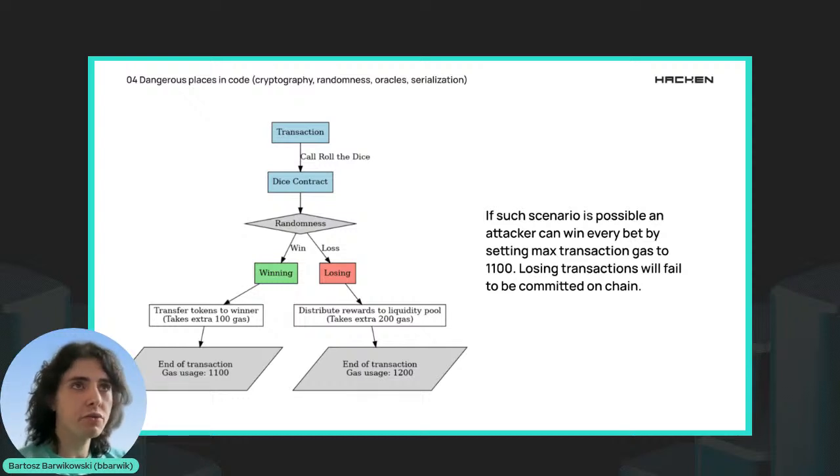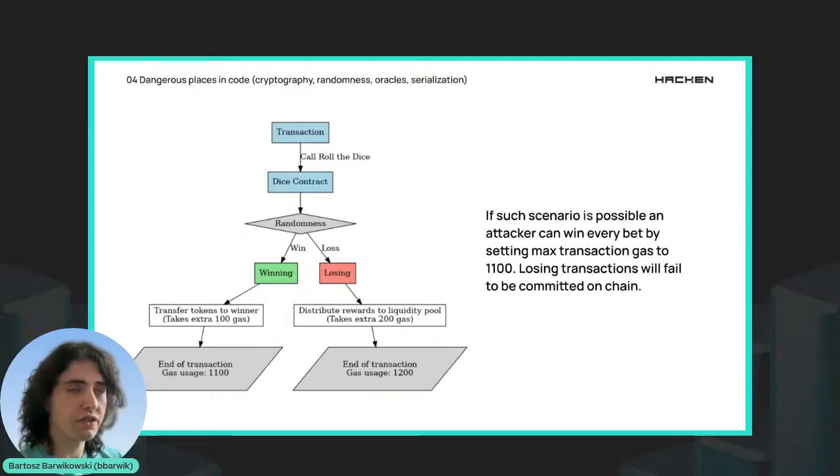You have two outcomes, like winning and losing. And for example, when you are winning, you are getting the tokens. When you are losing, the tokens are distributed to the liquidity pool. And even if your randomness implementation is perfect, even if it works correctly, there are other ways to attack this smart contract.